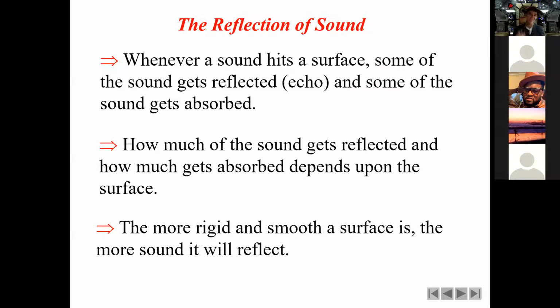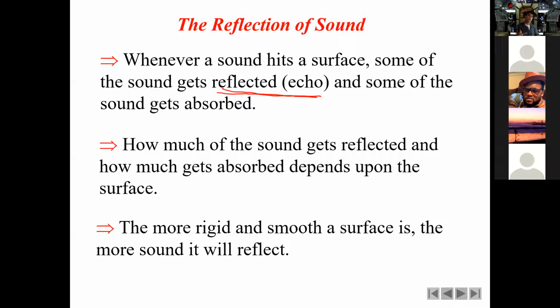And so what is an echo? An echo is really just a sound wave which is hitting a rigid object, and some of that sound is getting reflected. So an echo is really just sound that gets reflected off of a surface, and not all sound is going to get reflected. Pretty much anytime it hits a surface, some of that sound is going to get absorbed.